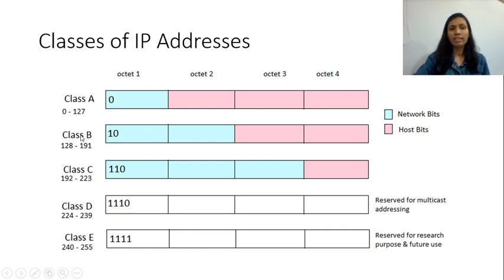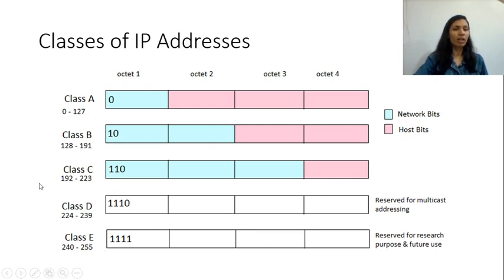Similarly, for Class B, the first octet can range from 128 to 191. For Class C, the first octet can range from 192 to 223. For Class D, the first octet can range from 224 to 239. And for Class E, the first octet can range from 240 to 255.